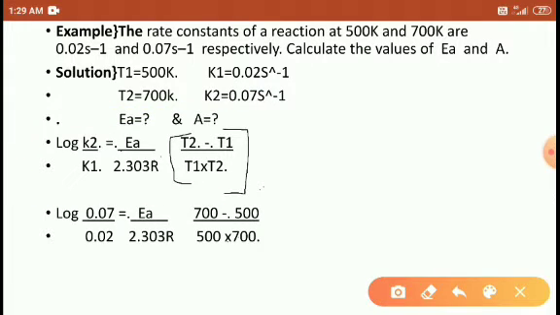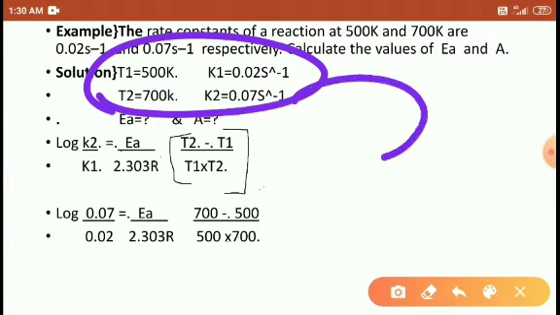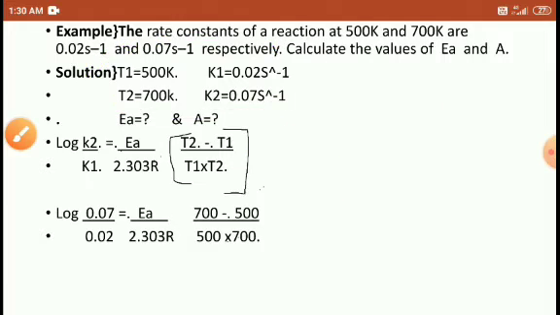So log of K2, 0.07, by K1, 0.02, is equal to Ea by 2.303 R into (700 minus 500) by 500 into 700. We are substituting all the values in this equation.